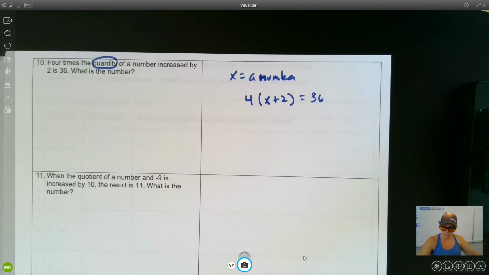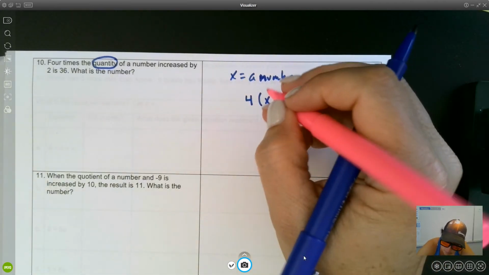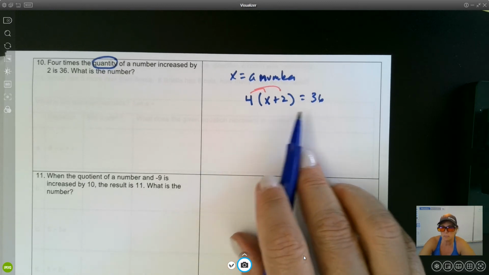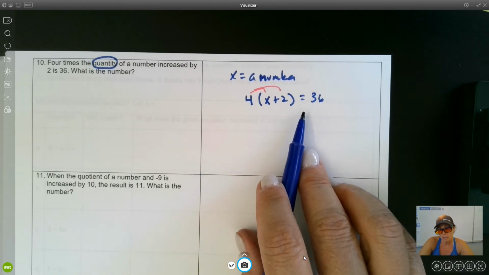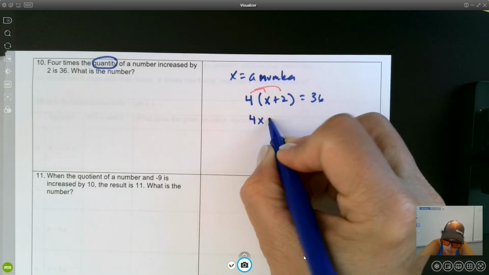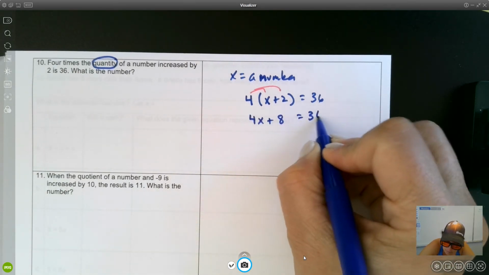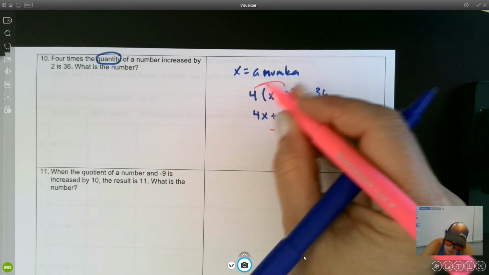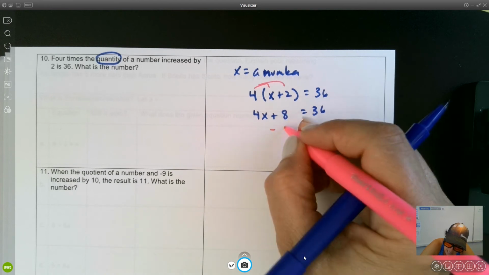All right, solving this, the easiest way probably is to distribute the 4 in. If you understand that you could divide by a 4 first, you can use that as a shortcut. But most students would go this route. Make sure that when you distribute that 4 in, it hits the 2 to get an 8.